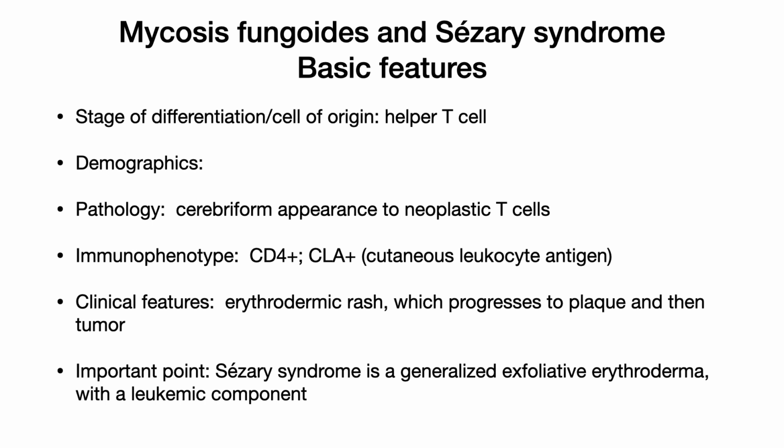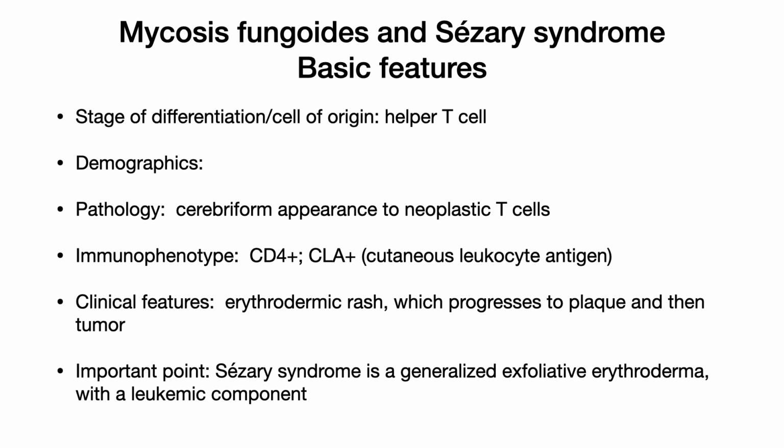Mycosis fungoides and Sézary syndrome. This one originates from helper T cells. Oh, sorry, I meant to fill in the demographics, I forgot. It's older patients usually. And then pathology, it's known for causing cerebriform nuclei, so the nuclei look like they have gyri, like they're convoluted.